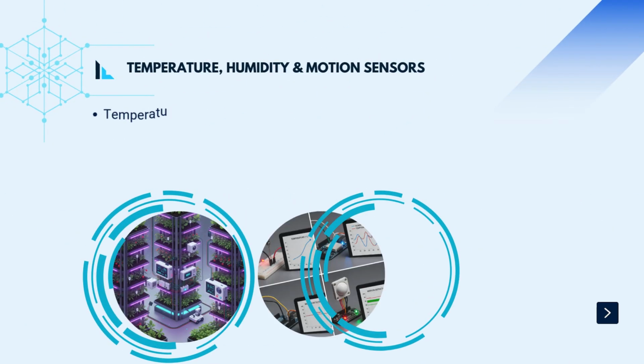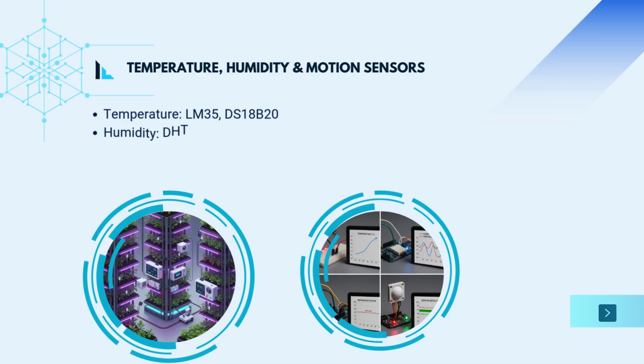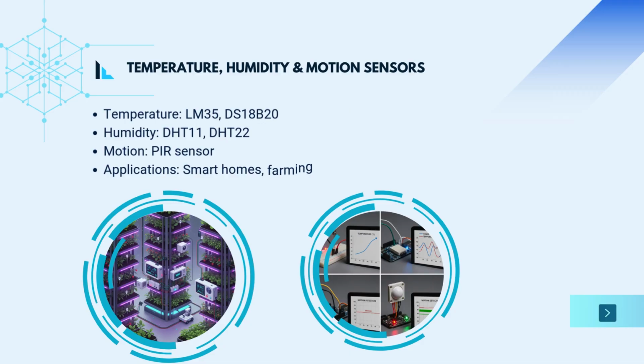Let's start with sensors. A temperature sensor, like the LM35 or DS18B20, converts heat into an electrical signal. A humidity sensor, like the DHT11 or DHT22, measures moisture in the air. And a motion sensor, such as a PIR sensor, detects infrared radiation emitted by moving objects.